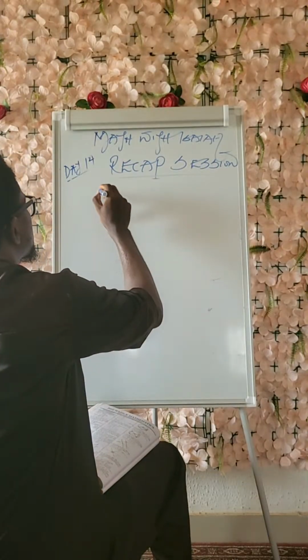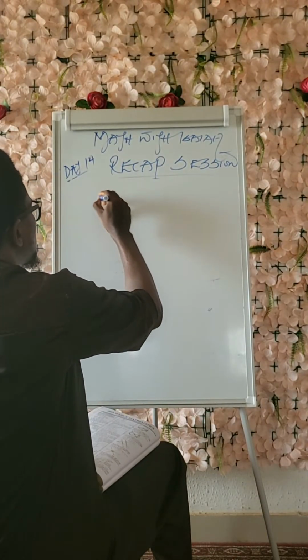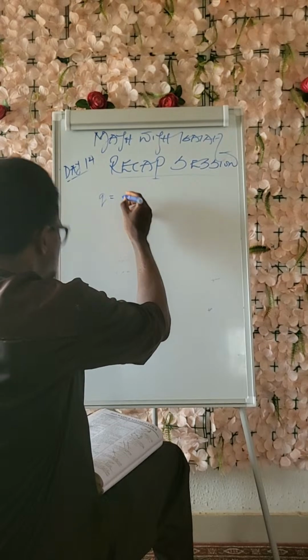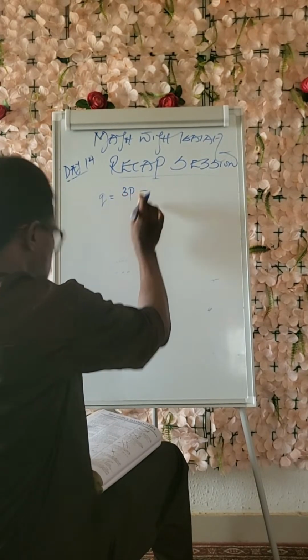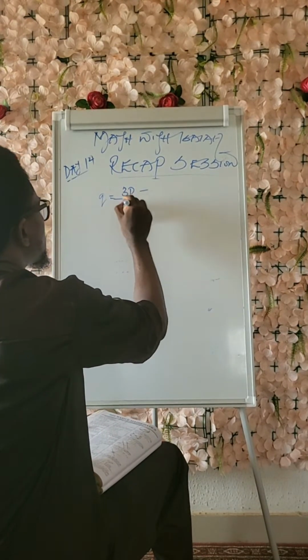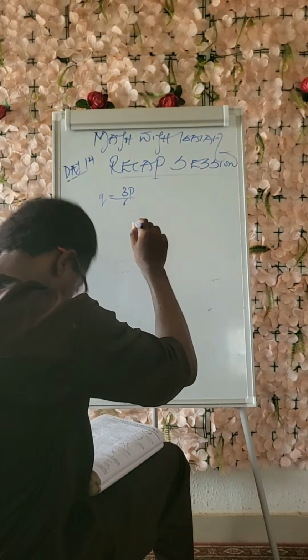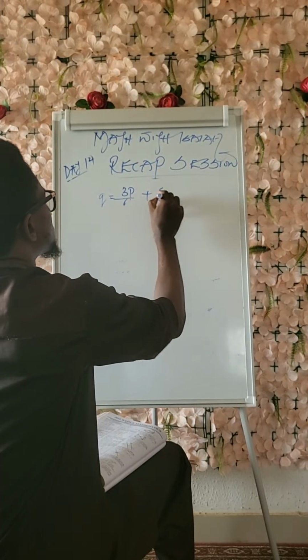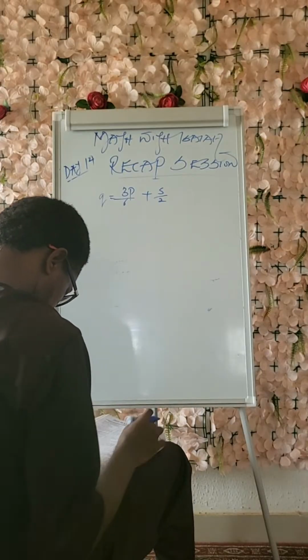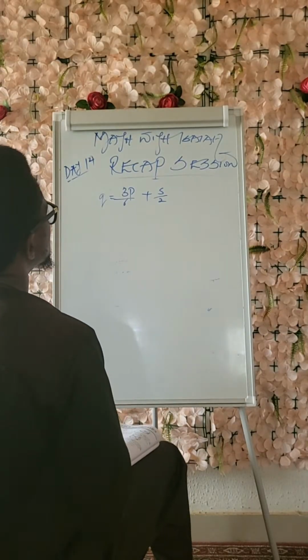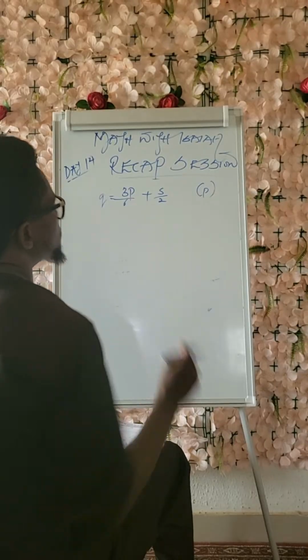Right, so this is another subject of formula question I'm seeing here. Q equals 3p over r plus s over 2. Let's say make p the subject of formula here.